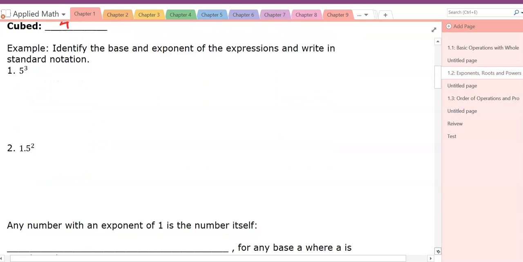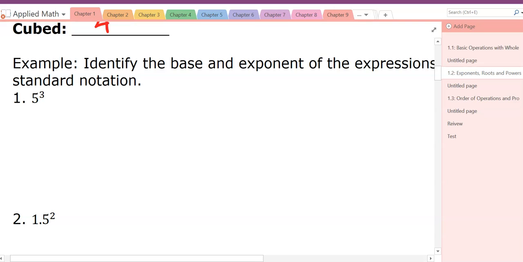So what I want us to do first here is identify what the base and the exponent of the expressions would be, and then write them out in standard notation. So for this first one, I have 5 to the third power. My base would be 5. My exponent would be the 3.